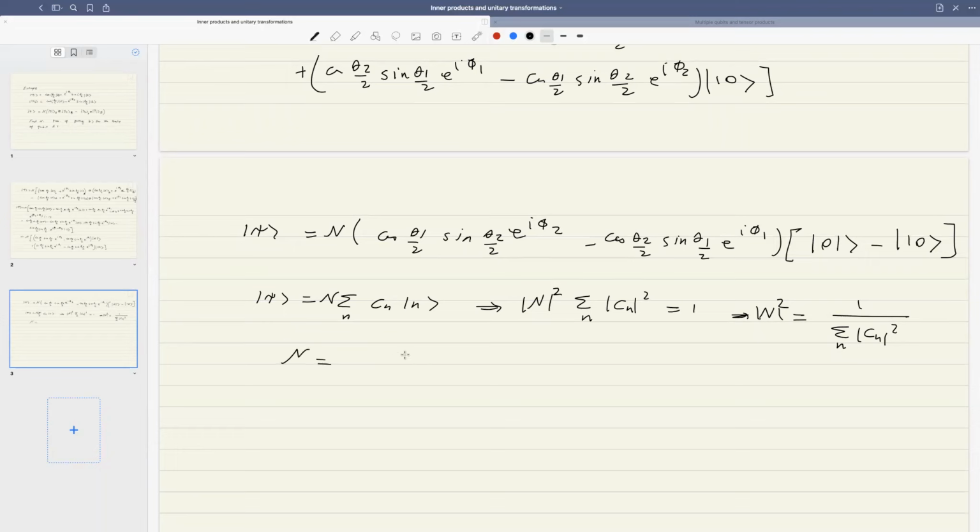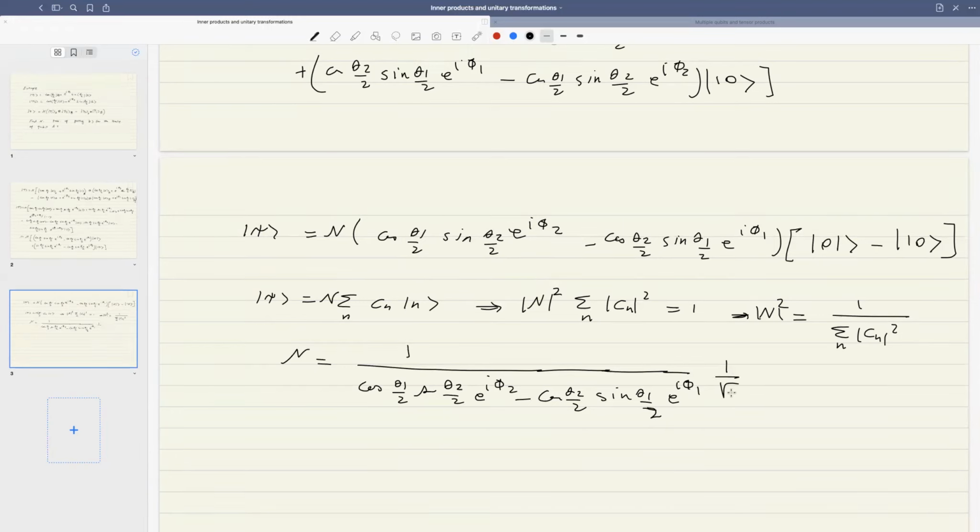So let's write n as 1 over all of that, minus, that's some complex number, and then multiply that by 1 over square root 2. So if n is this, then my state becomes 1 over square root 2, because this cancels that numerator, 0, 1 minus 1, 0.